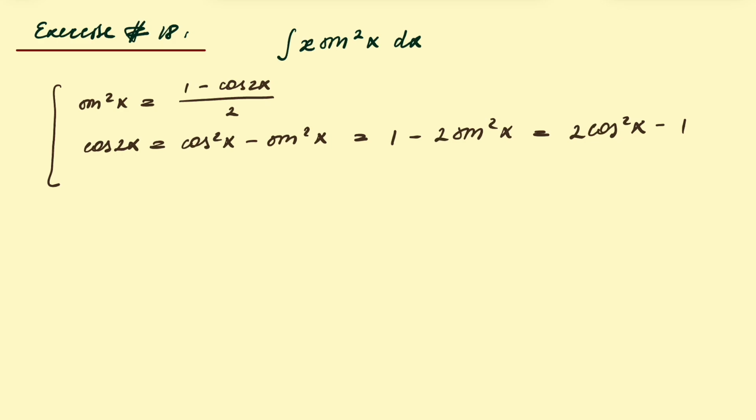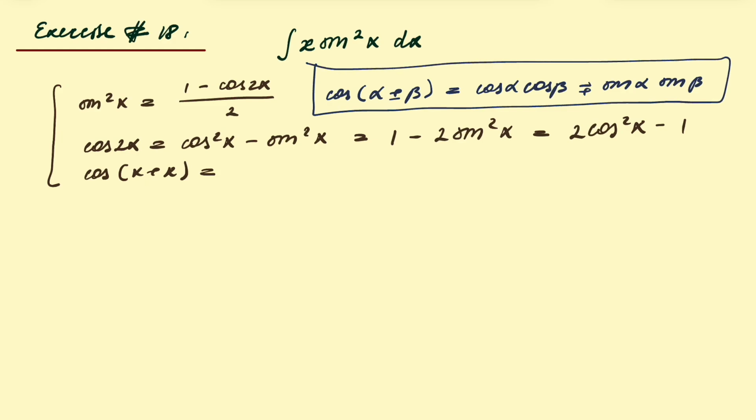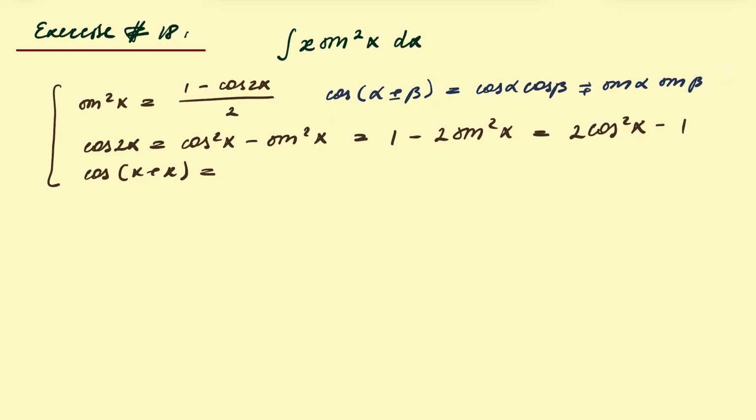You can write, instead of cosine 2x, cosine of x plus x, and since there is an identity for this as well, cosine of alpha plus beta, well, let's write plus minus, it's equal to cosine of alpha cosine of beta minus plus sine of alpha times sine of beta. Well, this, I would say, is a fundamental thing that you need to keep in mind, at least this, to do something in trigonometry.